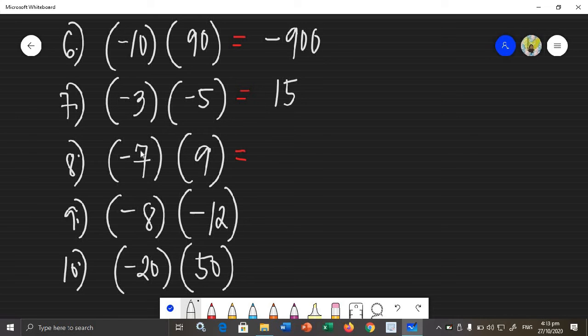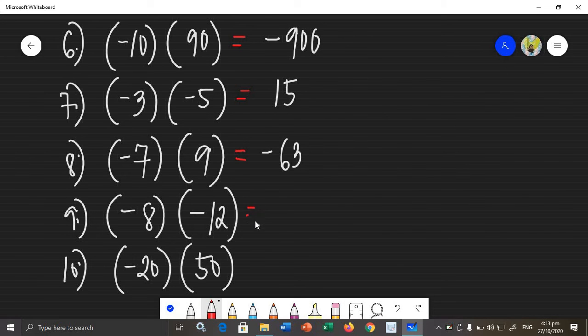The first given is negative and the second is positive, so they have different signs. Therefore, the product is negative. 7 times 9 is 63. The product of example number 8 is negative 63, because one is negative and the other is positive.